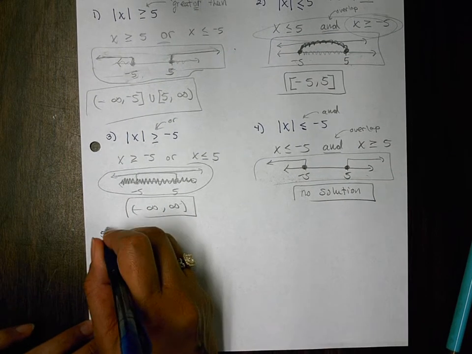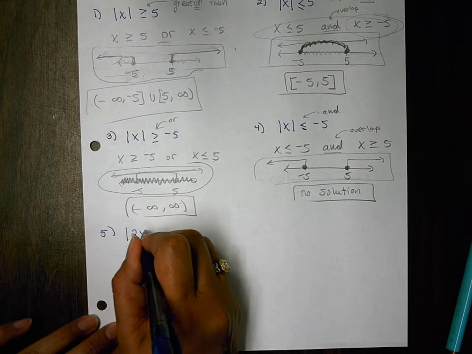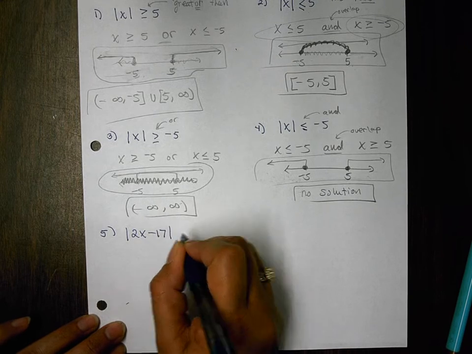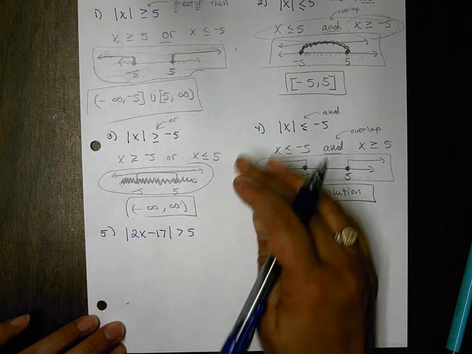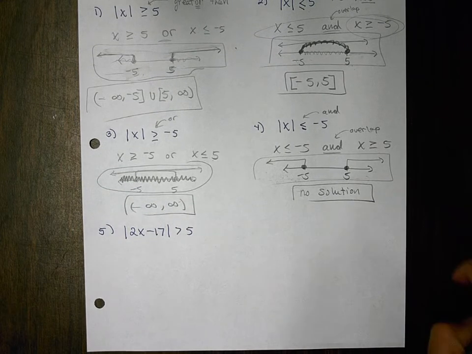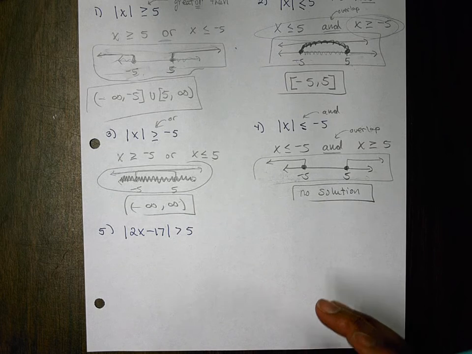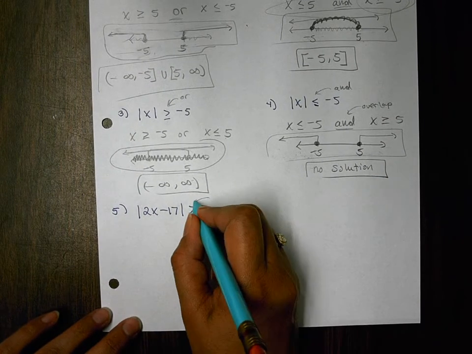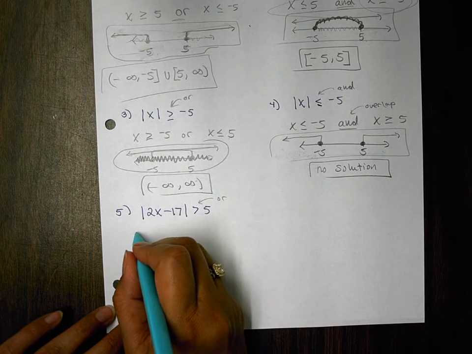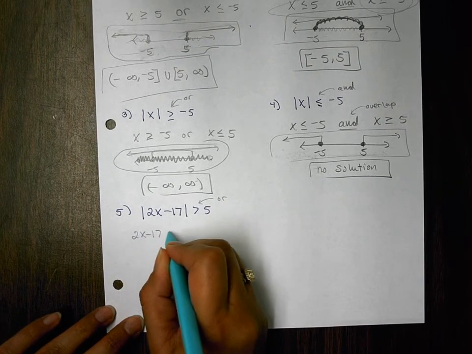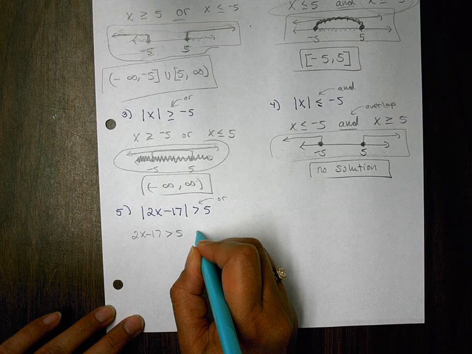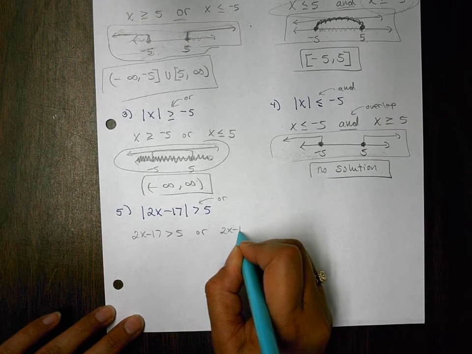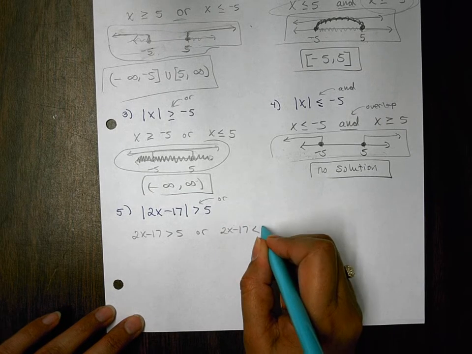Okay, number 5, the absolute value of 2x minus 17, close absolute value, is greater than 5. That's greater than, so that's an or. So 2x minus 17 is greater than 5, or 2x minus 17 is less than negative 5.